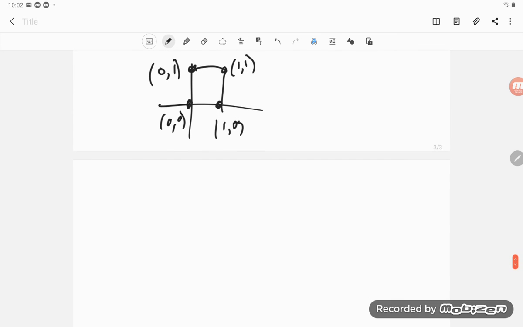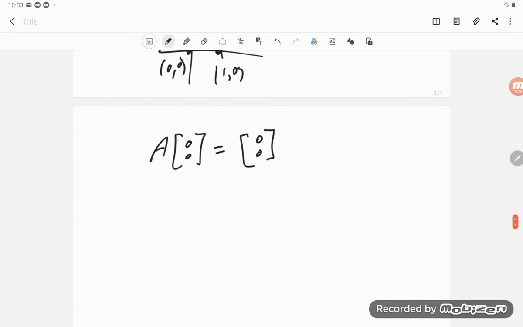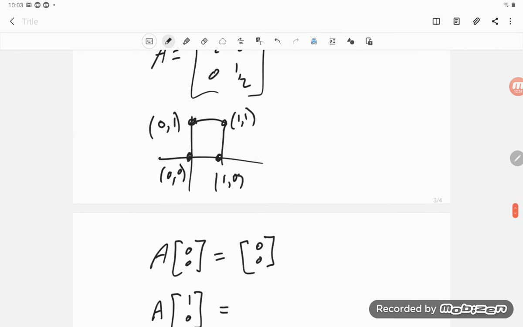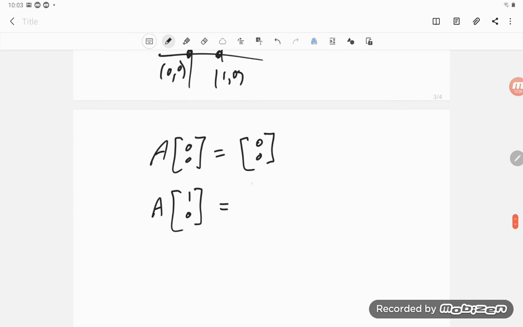And so I could look at what A does to each of those corners. So A times 0, 0, well, anything times the 0 vector gives me 0, 0, so that didn't do anything. A times 1, 0 gives me the first column of A, so that gives me 2, 0.